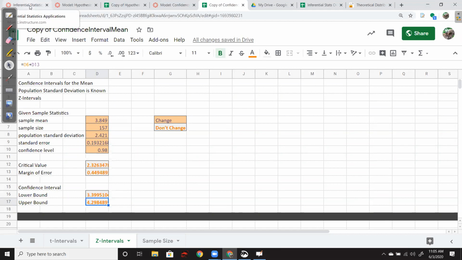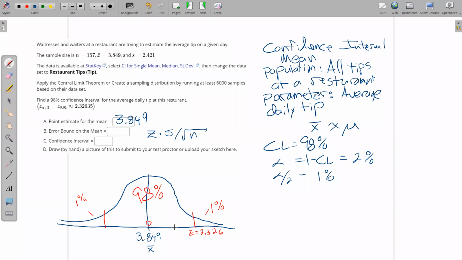So what do I got? They probably want 3 decimal places. So if I round that to 3, no matter what, it's 3.400. And then the upper value is 4.298 would be my confidence interval. And I had started a sketch over here.